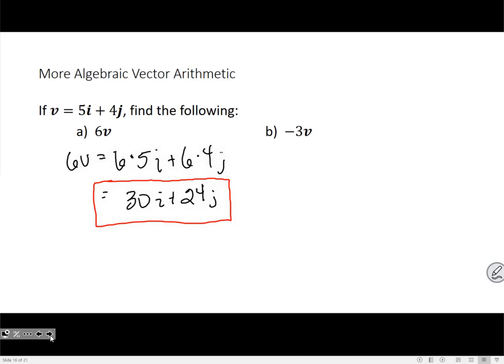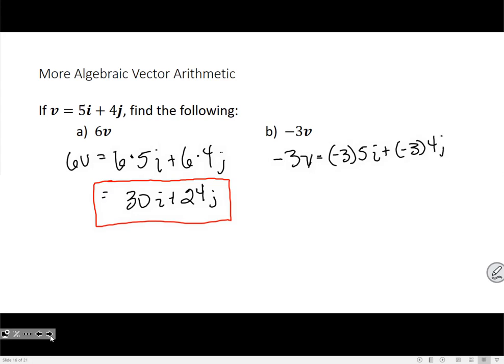All right, so for part B, what's different here is now I have a negative scalar multiple. I'm going to treat it, though, the same way. That negative gets distributed along with my scalar multiple of 3 to both the i and j components of v. So negative 3v equals negative 3 times 5i plus a negative 3 times 4j.